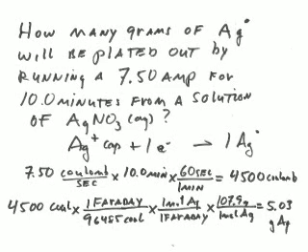We get 1 mole of silver metal for each Faraday. That's our mole ratio. And finally, of course, 107.9 grams per mole of silver, we would be able to plate out 5.03 grams of silver.